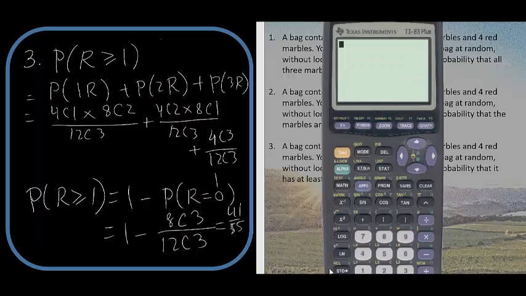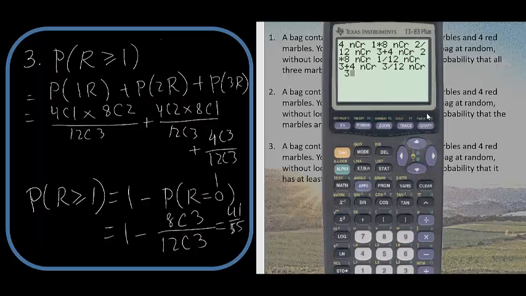Now let us look at the other one. So I'm typing 4, math, probability 3, 1, times 8, math, probability 3, 2, and then divided by 12, math, probability 3, 3, then put a plus sign and continue.